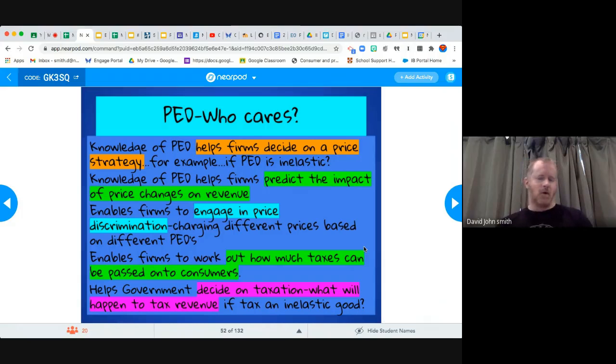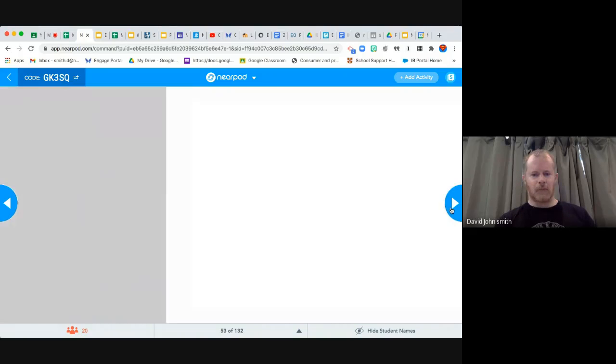Right? So therefore, we're able to charge them for the goods and services that they buy, and that enables the government to earn more revenues. Right? Revenue. Okay. That's a little bit later.